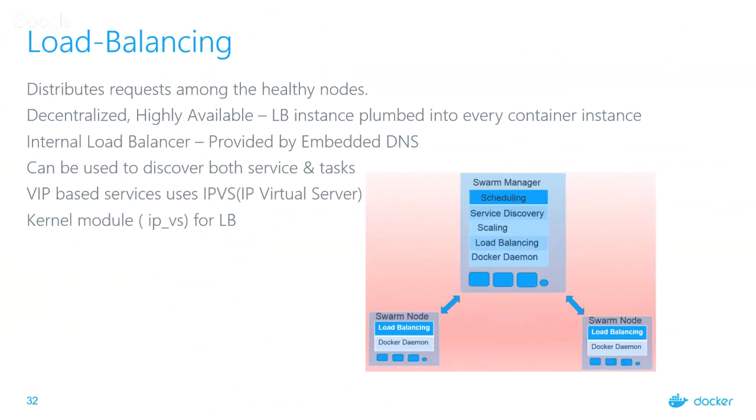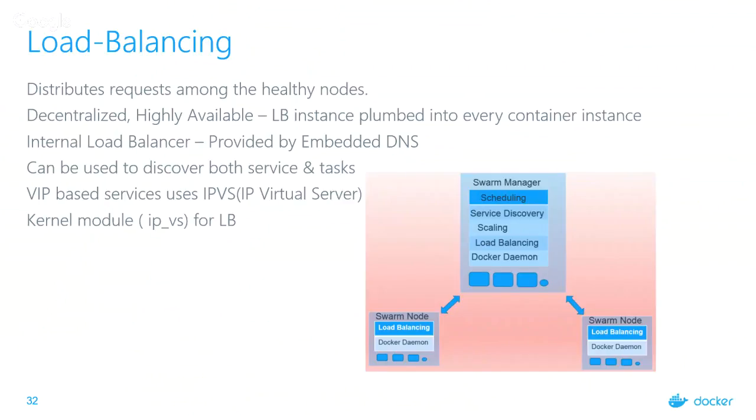And one of the most important features which Docker Swarm mode introduces is that everything is decentralized, and that removes a single point of failure. So load balancing in Swarm mode is decentralized, highly available, and the load balancing instance is plumbed into every container instance.